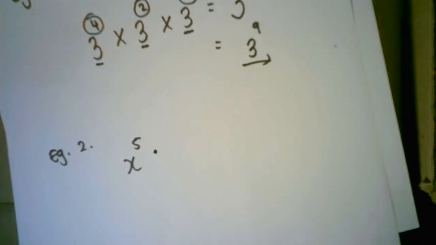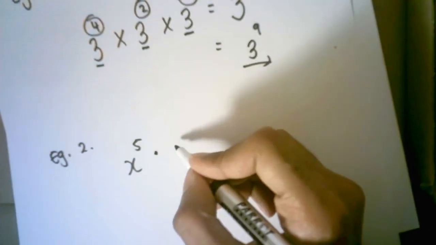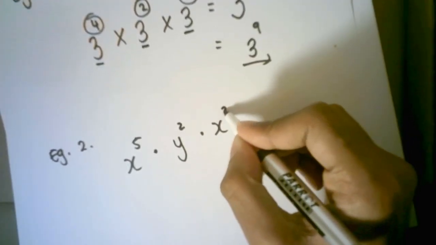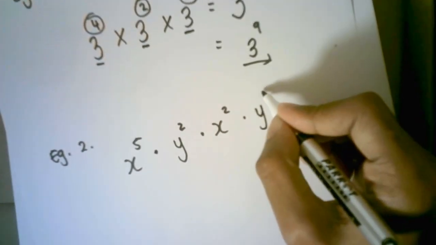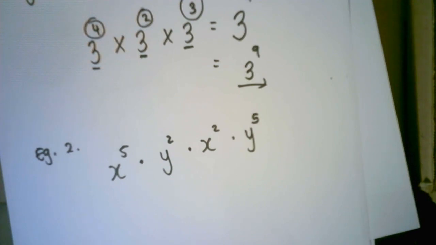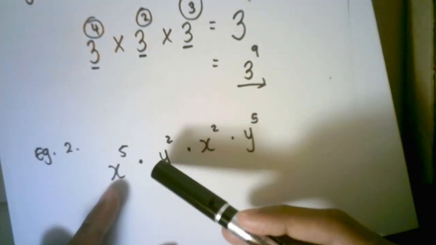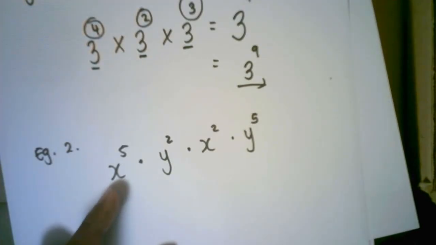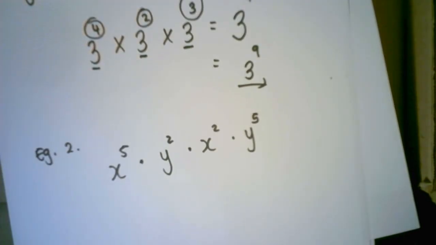So let's just use a dot now to show multiplication, times, let's say, y raised to the power of 2 times x raised to the power of 2 times y raised to the power of 5. Now in this case here, I have x raised to the power of 5 times y squared times x squared times y raised to the power of 5. Now I know that for multiplication, there's a property that we learned in term 1 known as the commutative property of multiplication.